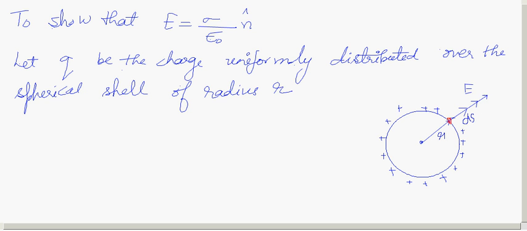These are all parallel to each other. So a spherical shell with charge q uniformly distributed over the surface.